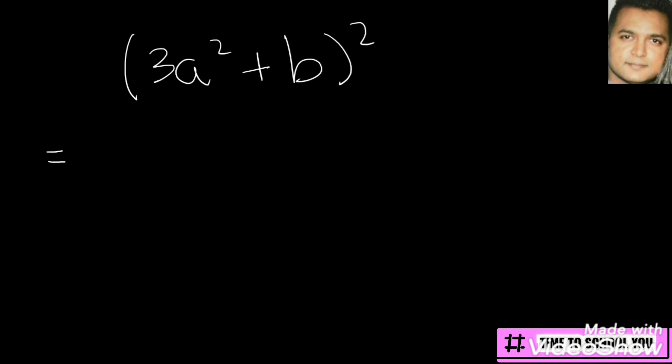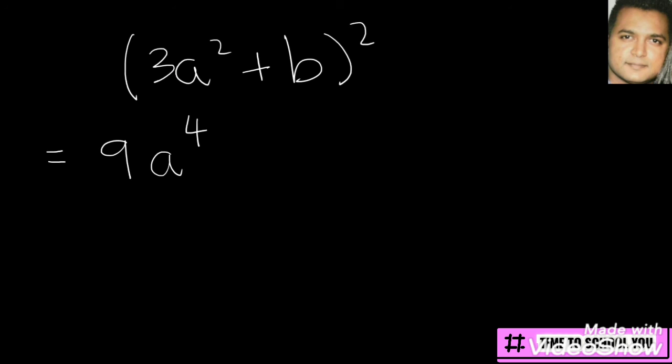I've added this final example here, which is (3a² plus b) to the power 2. Now this falls under law 4 of exponents, but you will recognize this as squaring of a binomial. So all we need to do is apply the rule for squaring of a binomial. So this would be 9a to the power 4.